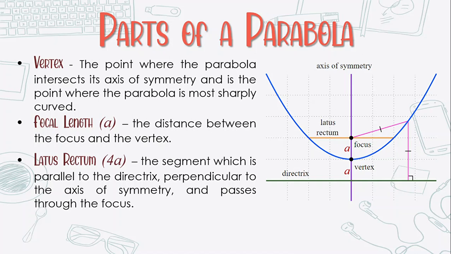Now, the latus rectum is 4a, therefore that is 4 times the focal length. And if the length of the latus rectum is 4a, each region of our latus rectum from the focus measures 2a. So those are the parts of a parabola.